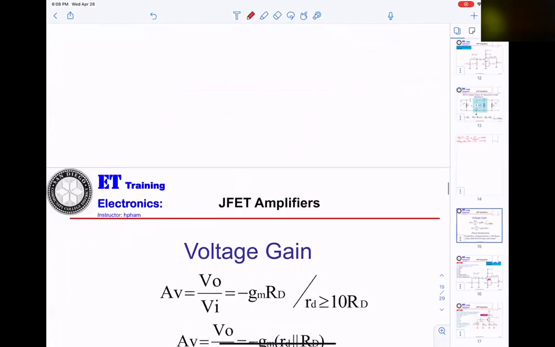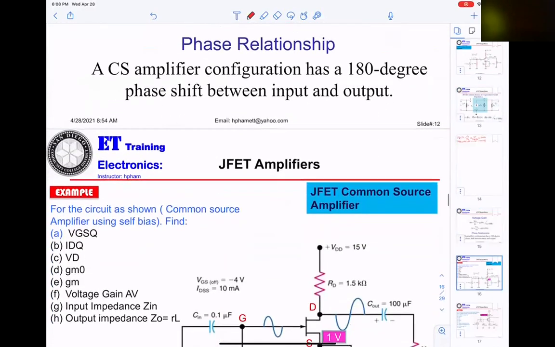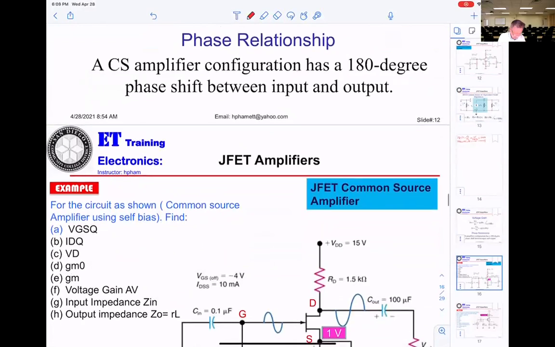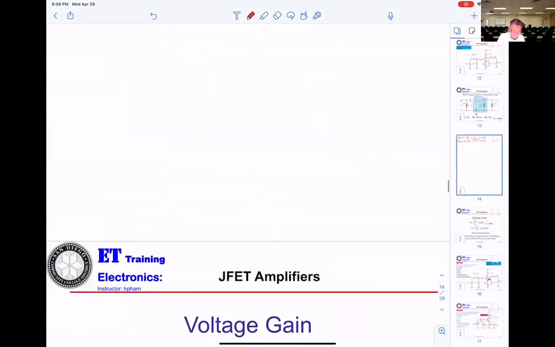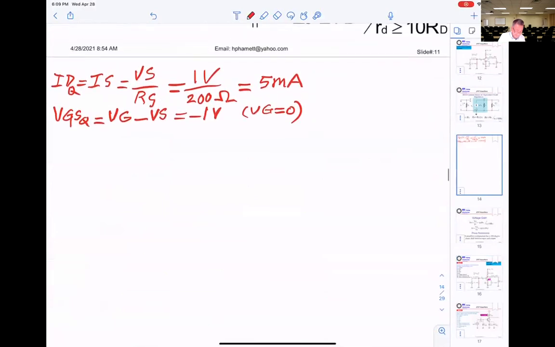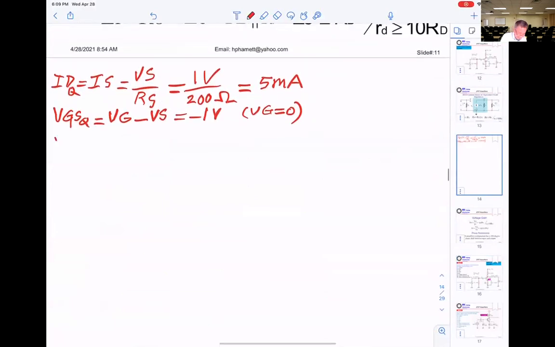Then next one, they want VD. Okay, they want VD. And you understand VD equals VDD minus ID times RD.